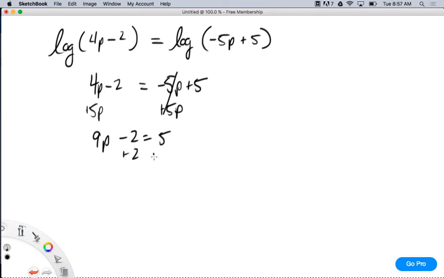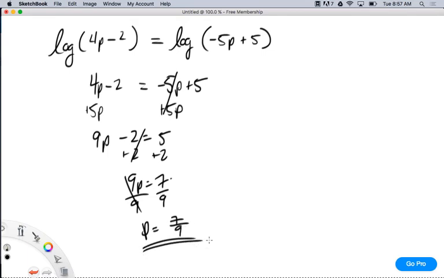Add 2 to both sides. I get 9p equals 7. Divide by 9. I get p equals 7 over 9. Does that make sense? Only thing I have to check is if this one's going to be positive. 7 over 9 is less than 1, so that's going to end up as positive, so I'm good. Remember, the interior of that logarithm, you can't evaluate a logarithm of a 0 or a negative number. So those are the easiest ones.